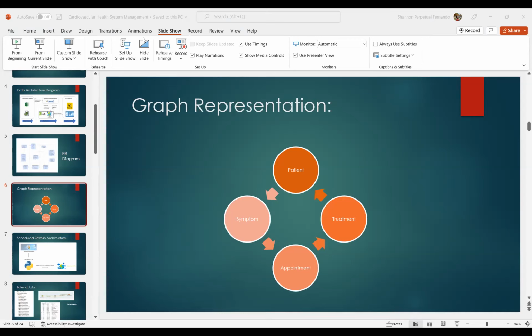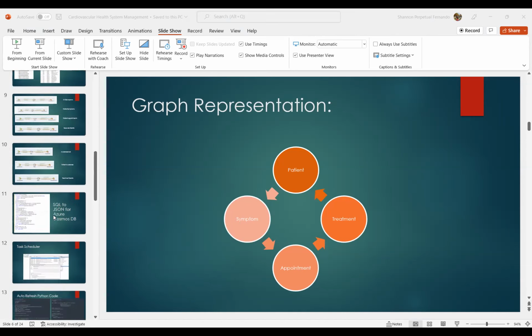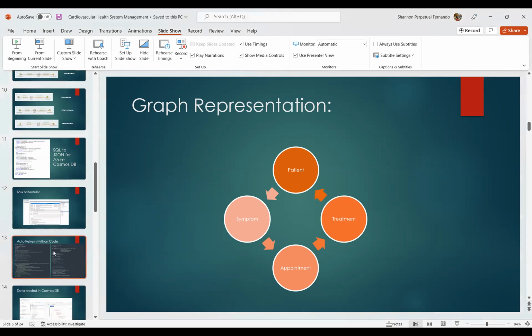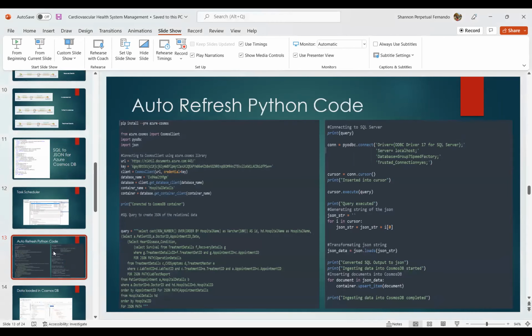Okay, thank you. So I have one more question about the data refreshing Python code. I heard that you mentioned that if you have any audit tables to audit the data change.